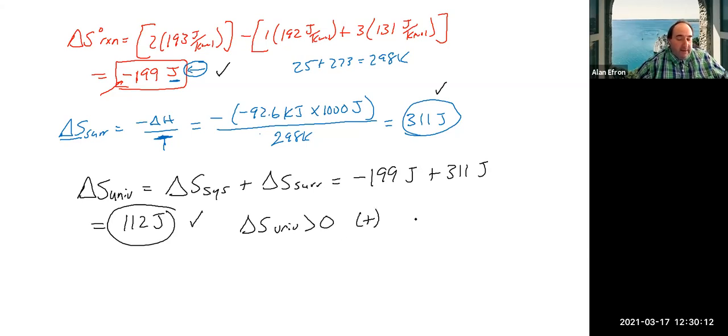And that positive number tells us that this reaction would be spontaneous and it would proceed to the products. So it is this calculation in terms of entropy that allows us to truly make that determination of whether this reaction is going to be spontaneous or not. Any questions on any of those steps along the way?